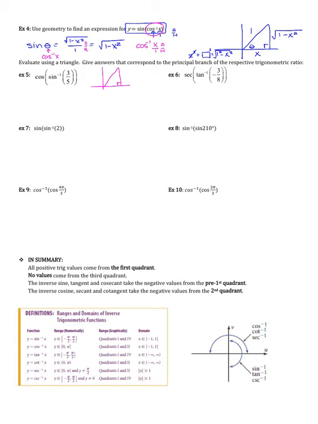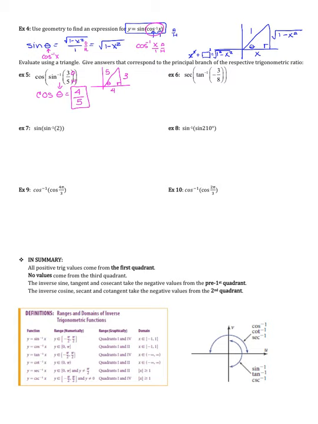All positive ratios come from the first quadrant. Sine is opposite over hypotenuse. By Pythagorean theorem, we know the adjacent side will be 4. And again, this represents your theta. So cosine of this particular theta is the adjacent over the hypotenuse, and that is your answer. That's how you would use the geometry to find it.